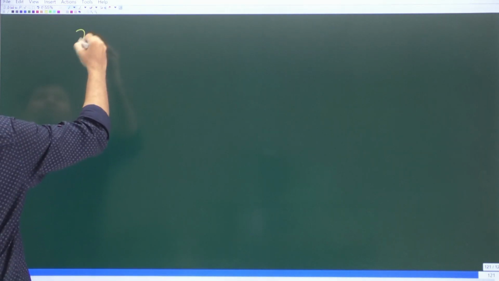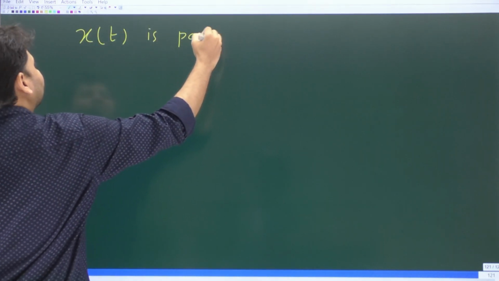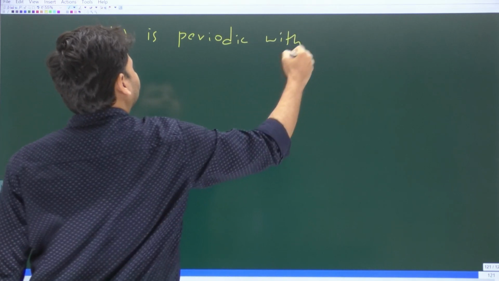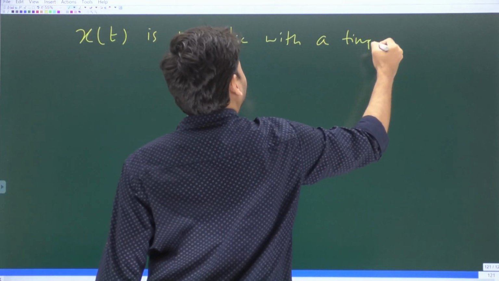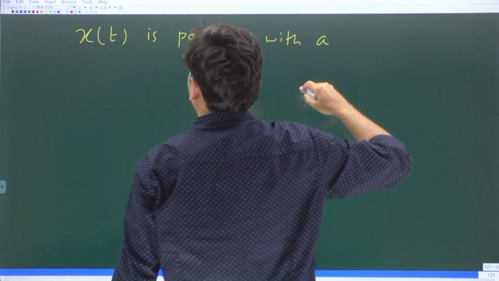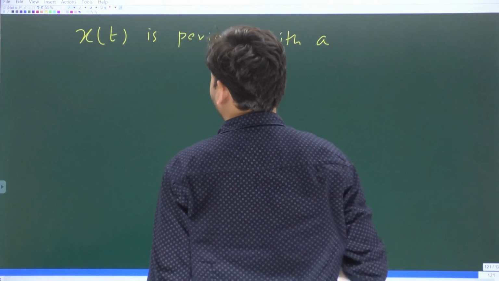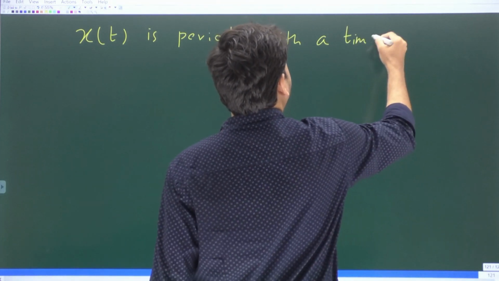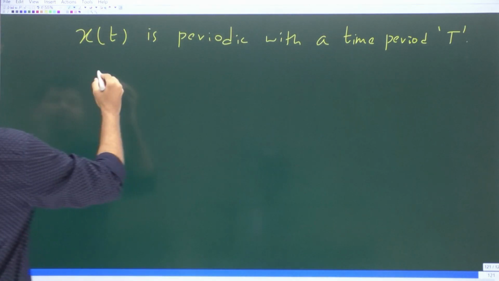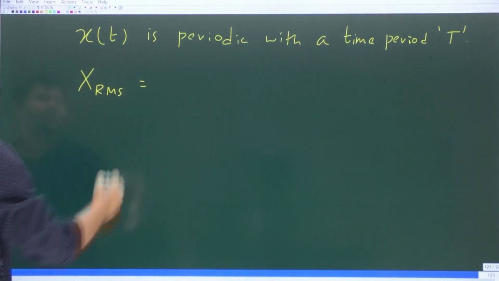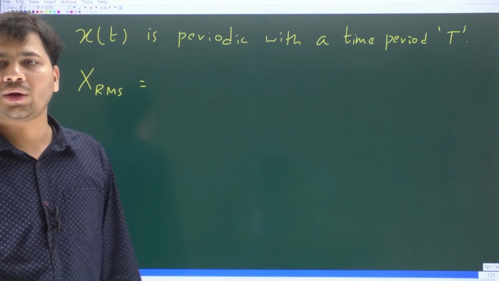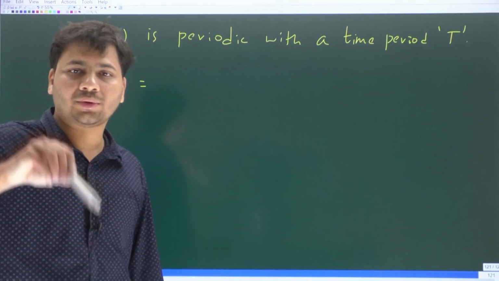So let's say we have a function x of t which is periodic with a time period capital T. Then the RMS value of this periodic signal: you have to square the signal, then compute the mean of the square, and then take the square root of the whole thing.